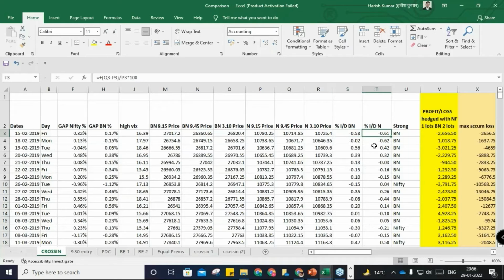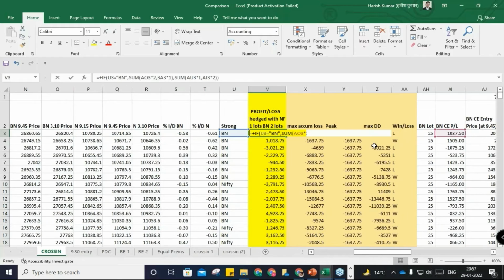In absolute terms, both are weak. But if we take the relative strength, Bank Nifty is stronger. It has fallen less than the Nifty. So what will we do? Bank Nifty is strong. What will we do? We'll just go and sell 2 lots of Bank Nifty puts and 1 lot of Nifty.